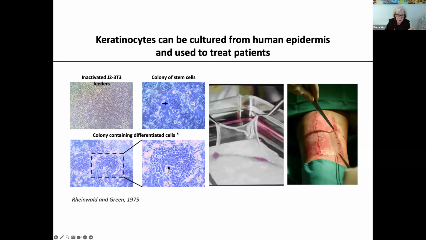And over time, these expand, and you start to see large cells in the middle of the colonies. And these correspond to cells which are differentiating and have left the basal layer. So we're not dealing with monolayers here, we're dealing with multi-layered colonies. So we know that stem cells must persist in culture because this way of growing human epidermis has been applied in the clinic for many years as a way of making autologous sheets of epidermis to treat burn injuries.